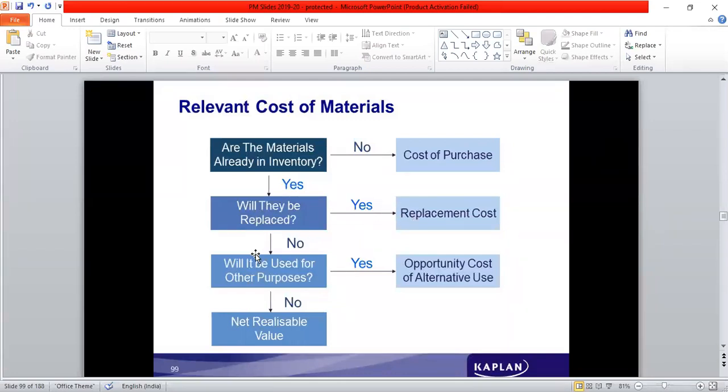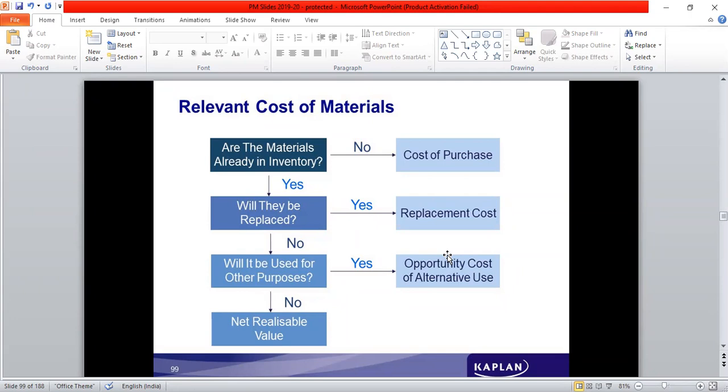No, then will it be used for some other purpose? If this material would be diverted to some other product or some other process, then whatever contribution, the profit which they will forego, becomes their opportunity cost. So that is relevant for decision making about whether they should divert this material to some other product or process.